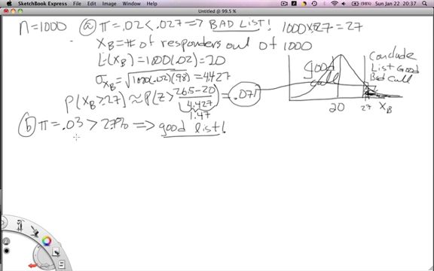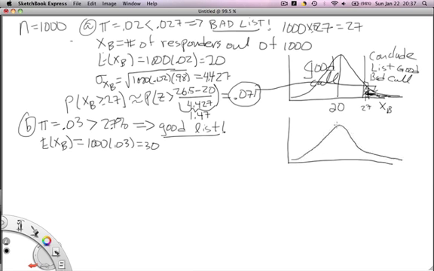So let's now go find the mean and the standard deviation. The expected value of the number of yeses in this scenario will be 1,000 times 0.03, which is 30. So here's what the picture looks like this time around. Somewhere out here is the mean, which is 30. This time 27 is about here, and I'm going to draw that bar here.